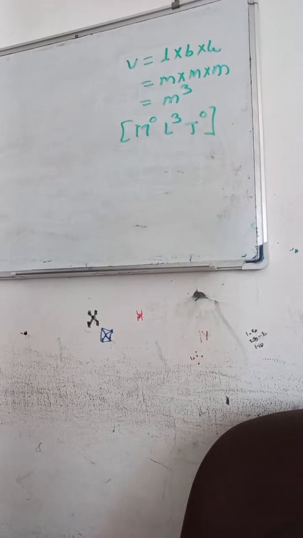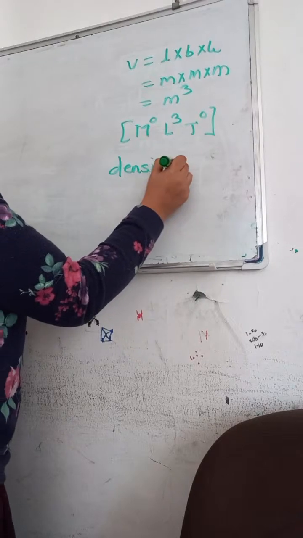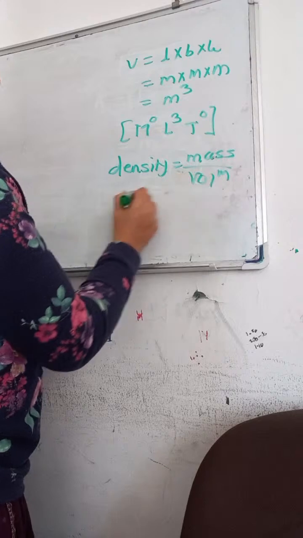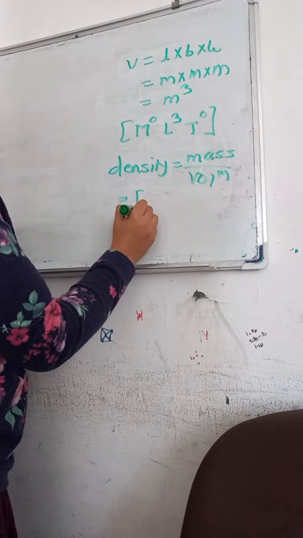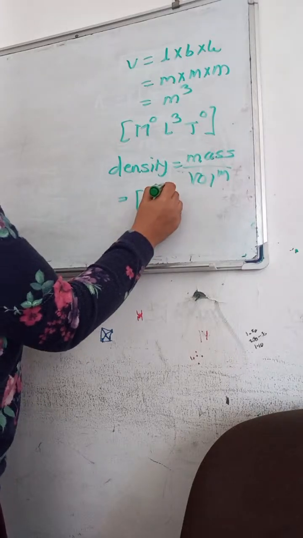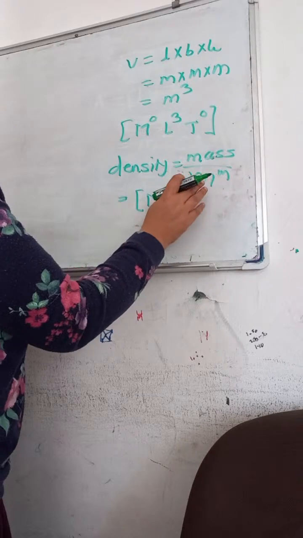Okay, then we can take density. Density is nothing but mass by volume. Only one mass is there, and this dimension capital M is related to mass only. So 1 for mass, and volume is in the denominator.